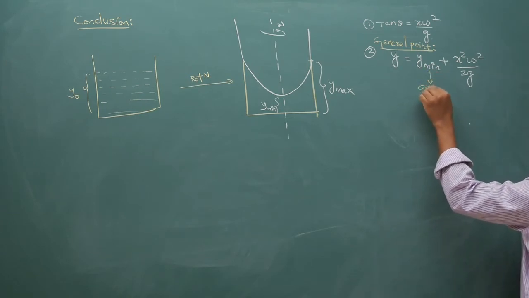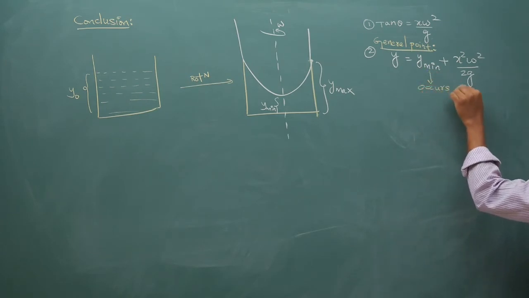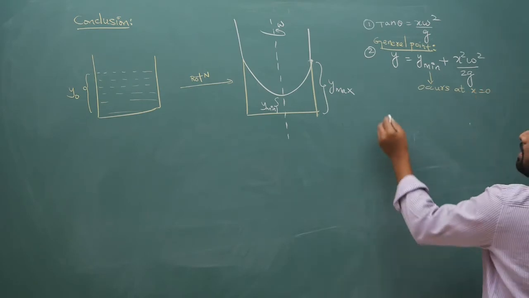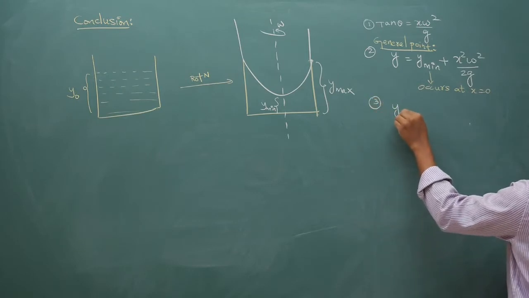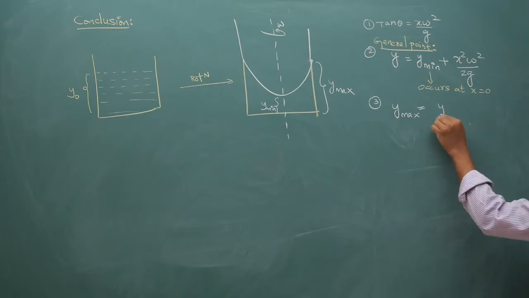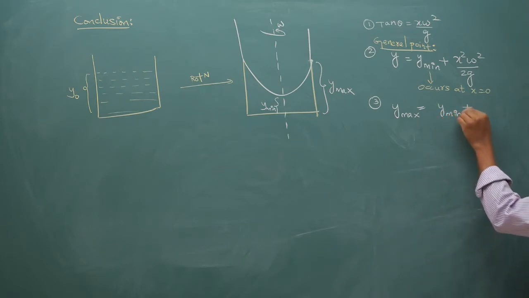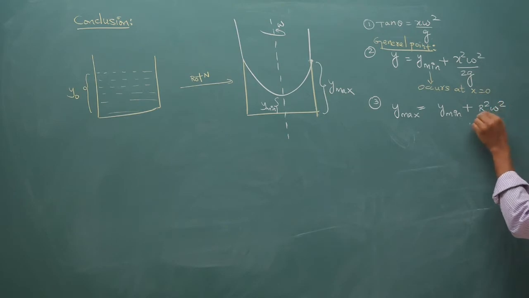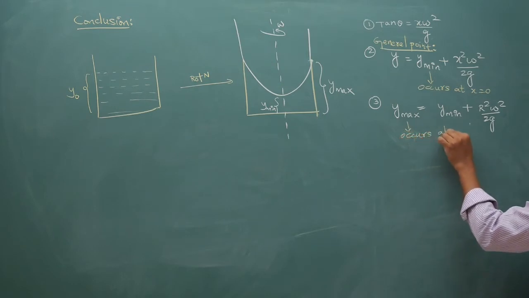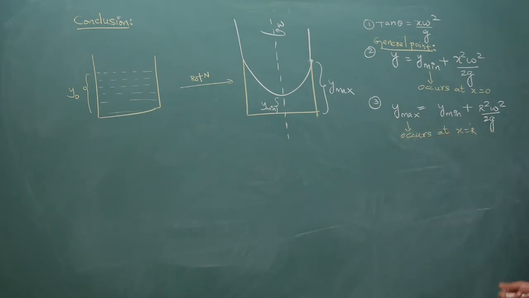Then the maximum height y max equals y min plus r square omega square by 2g, and it occurs at x equal to r. When x keeps increasing, the highest possible value of x is r, so your maximum height is this much.